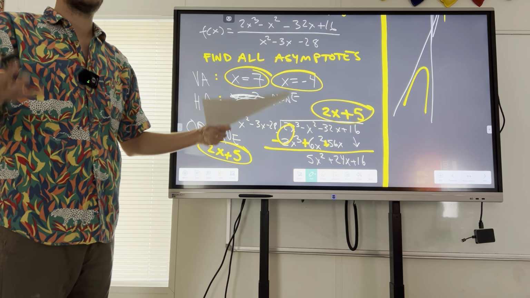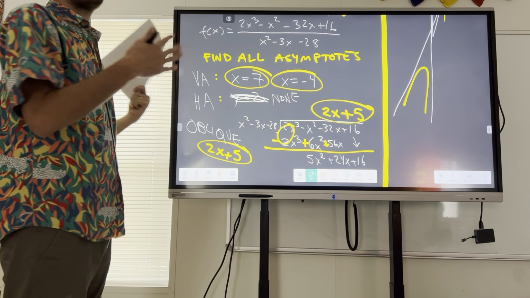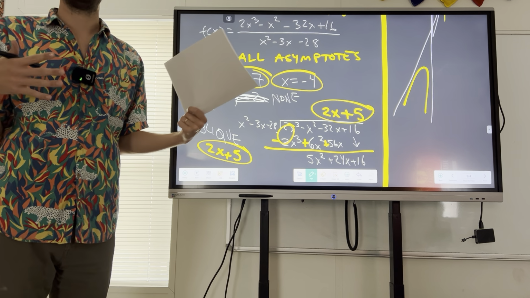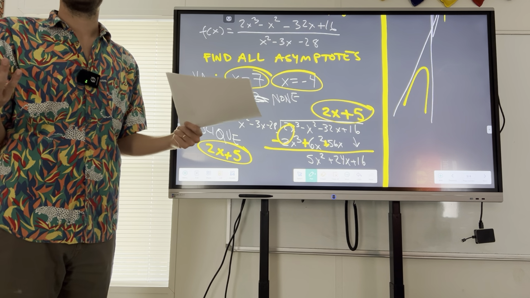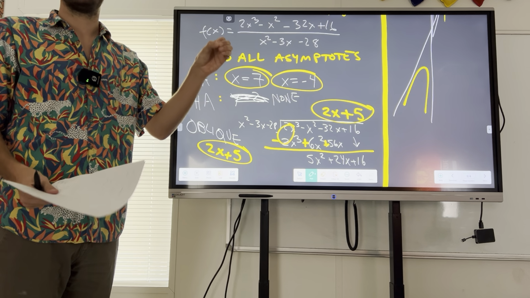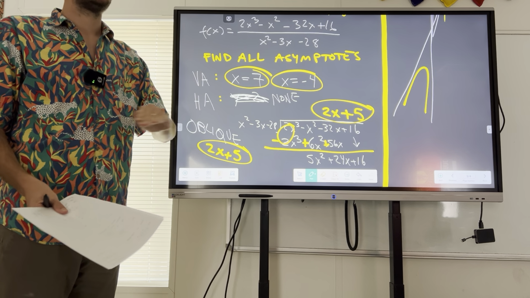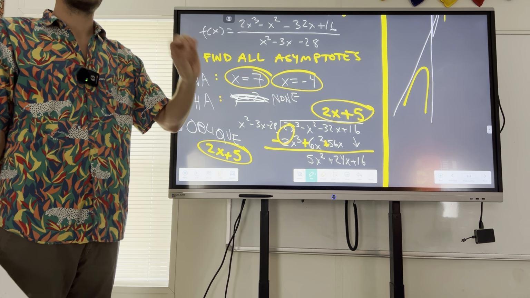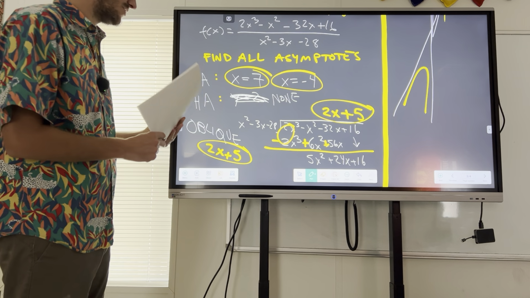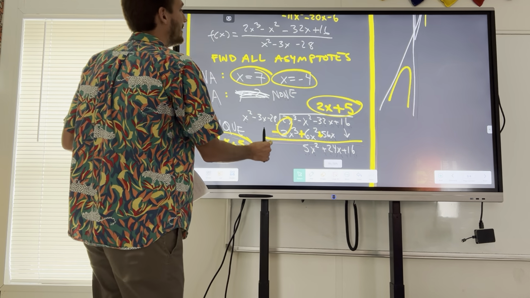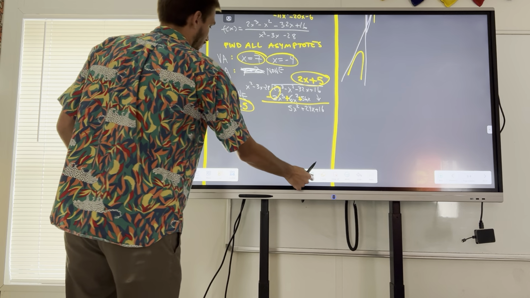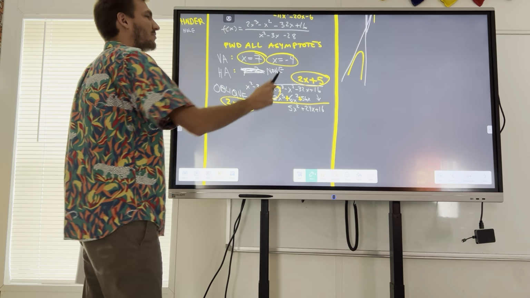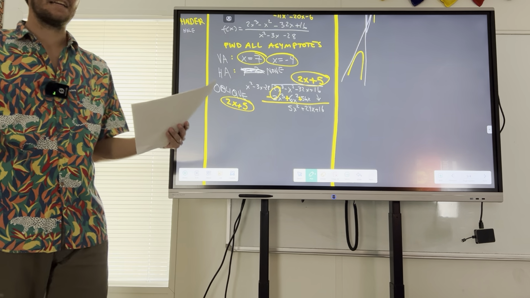The way we could check is divide them and see if you get a remainder or not. If you get 0 as a remainder, it's a perfect fit, which means it's a factor, which means it is a hole and not a vertical asymptote. So we need to do a little bit more work with the 2 vertical asymptotes in order to check if they are holes.